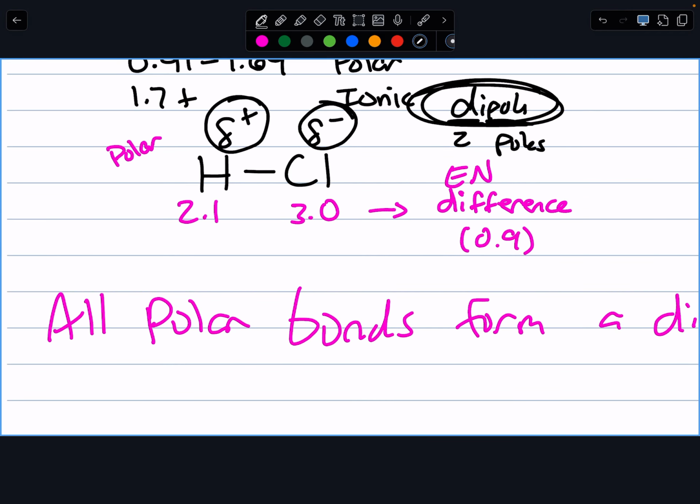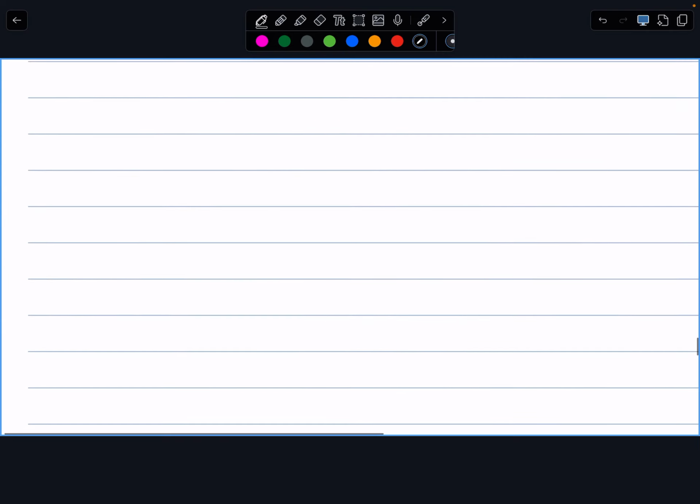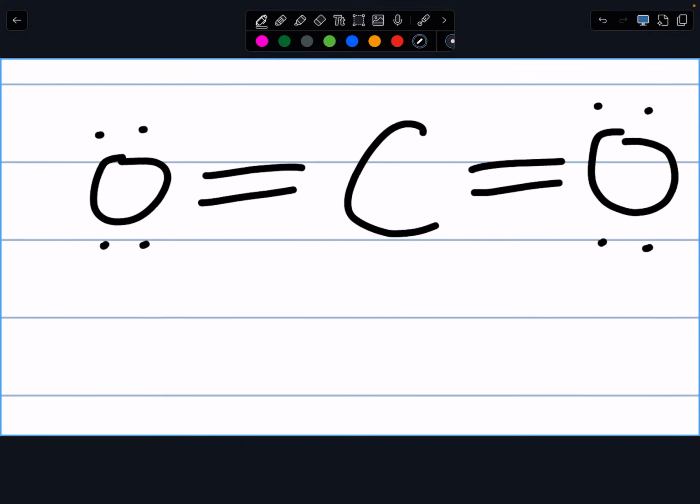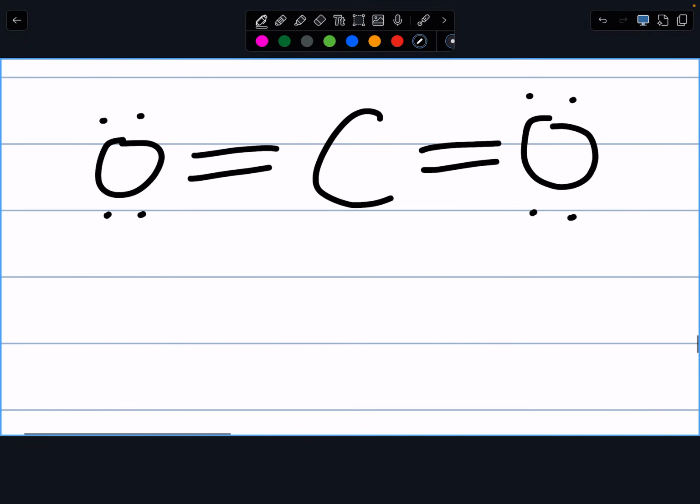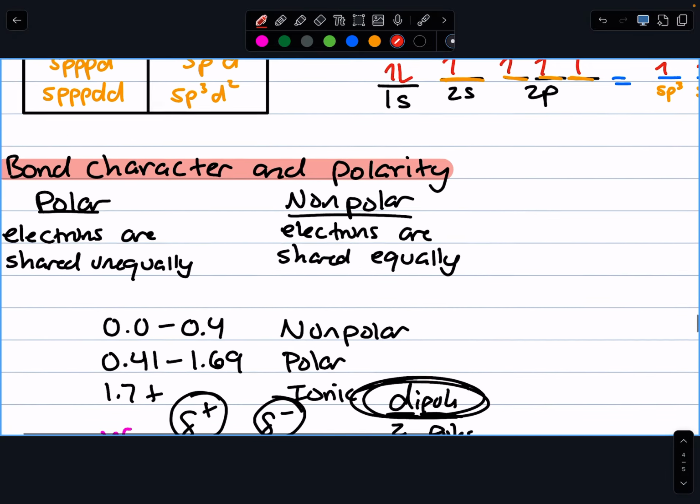Now, let's look at this molecule. This is carbon dioxide. I'm just going to draw it, I'm not going to explain how. Let's say I asked you to help me find the polarity of these bonds. I want to know if this bond is polar, nonpolar, or ionic. What would you do in order to determine that?